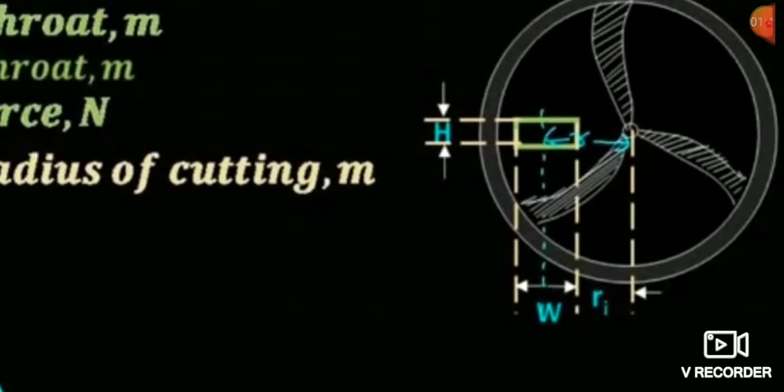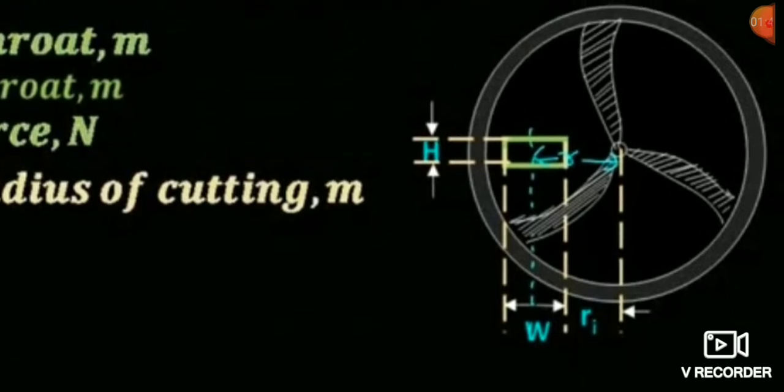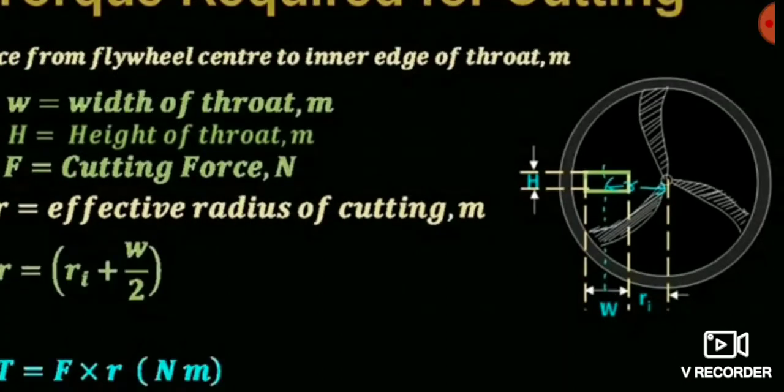Here friends, you can see that Ri is nothing but the distance between the center of the chaff cutter and the throat, the throat initial point. It is the distance between the center of chaff cutter and the rightmost part of the throat.